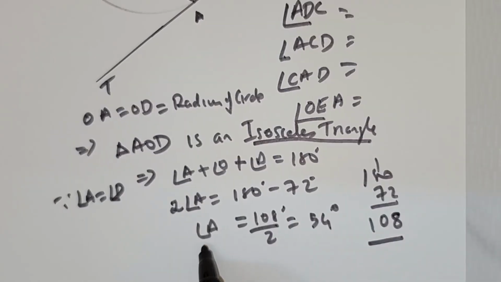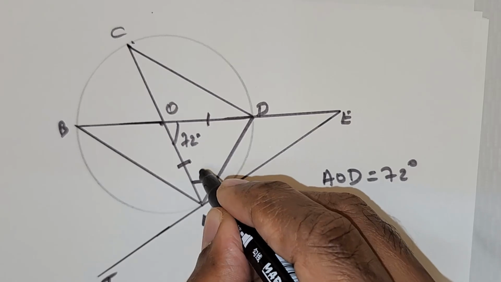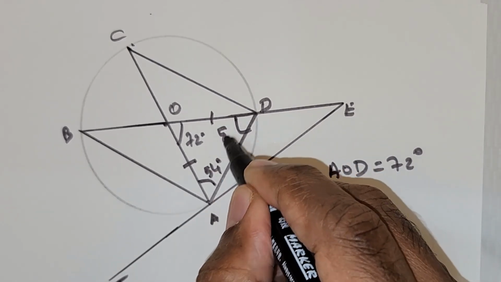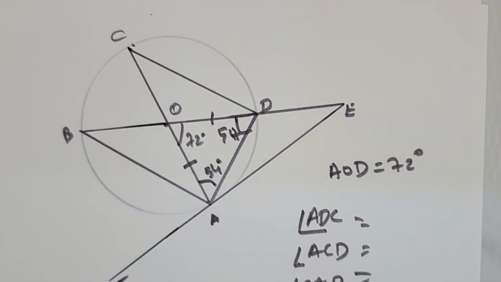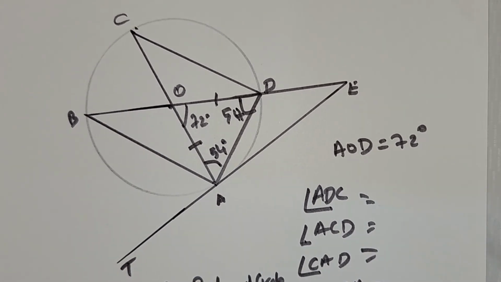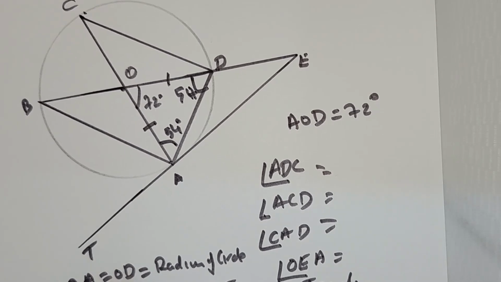So this in turn means angle D is also equal to 54 degrees. So this angle is 54 degrees. This angle is 54 degrees. Okay, I hope you are getting the point. Okay, all right. Now, what is required here?